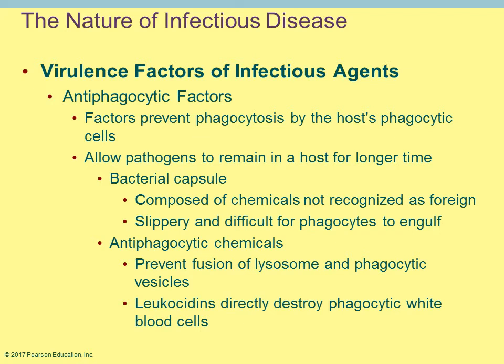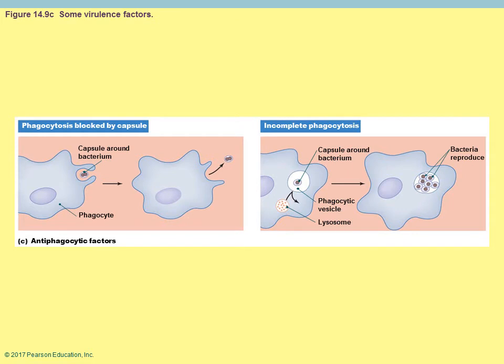It's very hard for phagocytes to engulf the capsule. It often has chemicals on the surface that make it very difficult for your essential white blood cells to recognize it as a foreign substance. And then it also can release various chemicals that also interfere with phagocytosis. And that's what these slides here are showing.